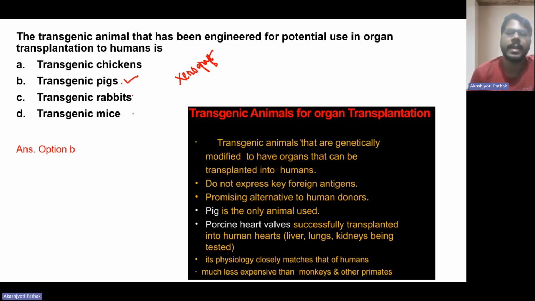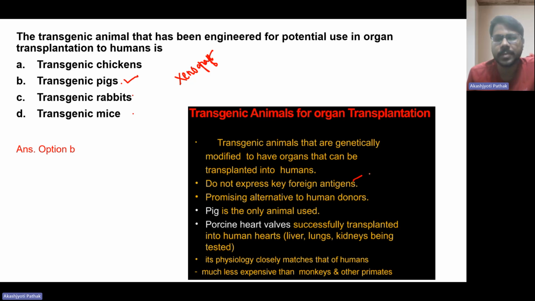So these transgenic animals are genetically modified to have organs that can be transplanted into humans. And how have they been engineered? They have been engineered in a way that they do not express key foreign antigens. You know about the different MHC class antigens.